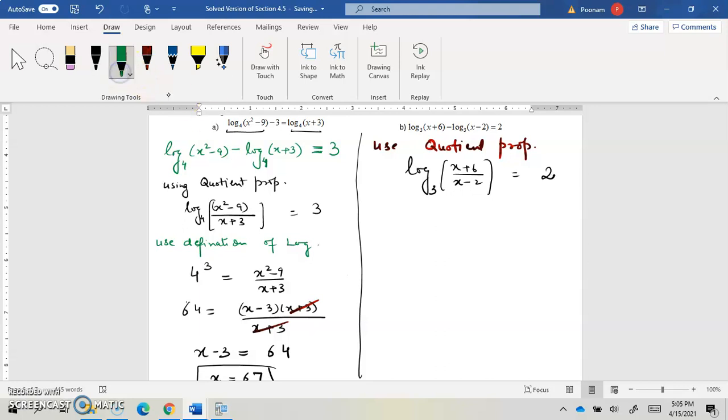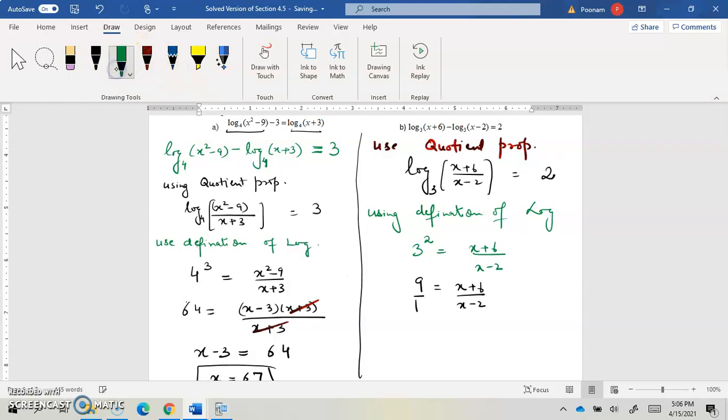So using the definition of log, the base 3 should be raised to 2 to get the argument, which is x plus 6 divided by x minus 2. So we have 9 is equal to x plus 6 divided by x minus 2.